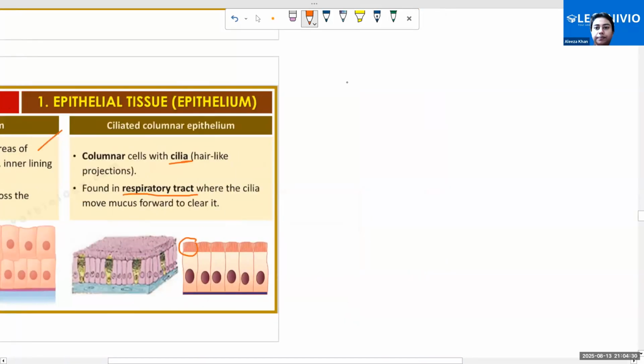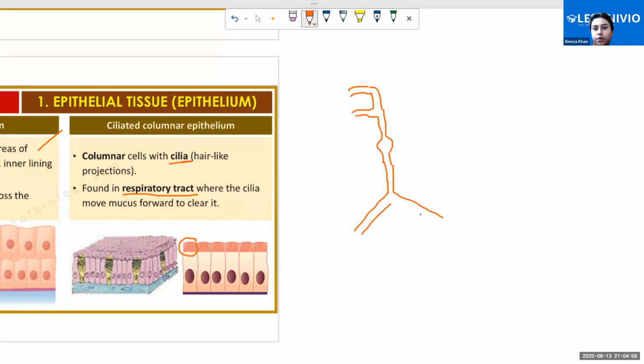Let's say this is your nasal cavity. Okay. Here you have other structures. Then you have the trachea bifurcating into two. Okay. And you have the lungs.